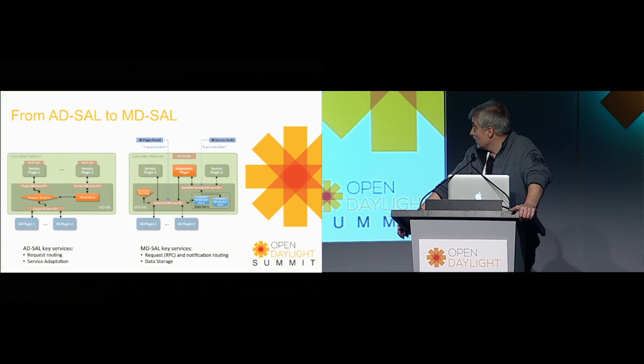So with the model-driven SAL, the request routing is preserved, but the adaptation has been taken out. It's yet another plugin. There are actually no northbound or southbound APIs. APIs are just generated from models, and both northbound and southbound plugins can use the same APIs if we just want to do request routing.